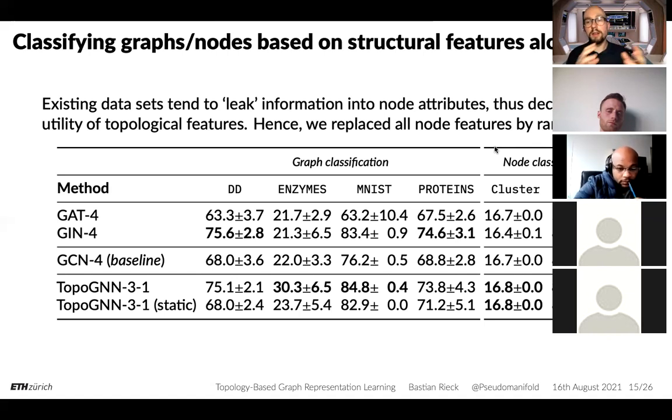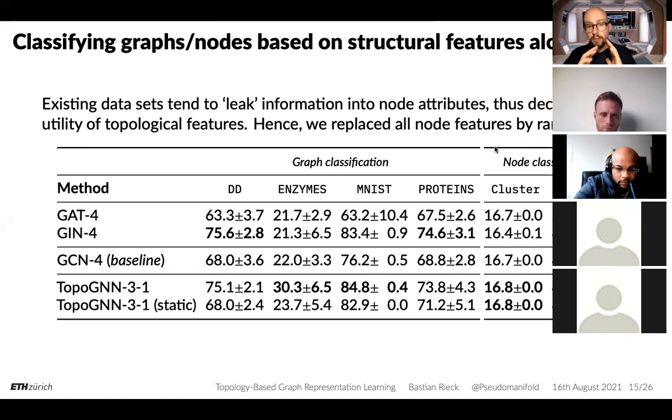And of course, the molecule example is not even the worst one. There are some data sets which really contain a lot of structural information already in the node labels or the node attributes. But to really assess how well they would fare if you only look at the connectivity, we started replacing all node features by random node features.